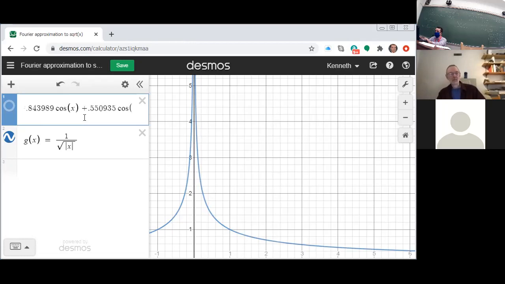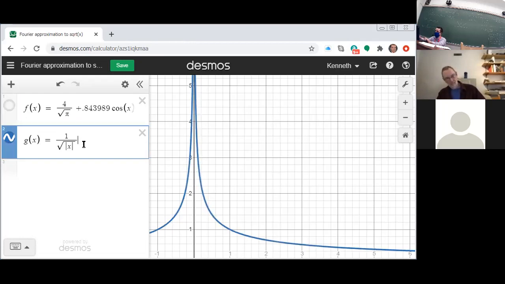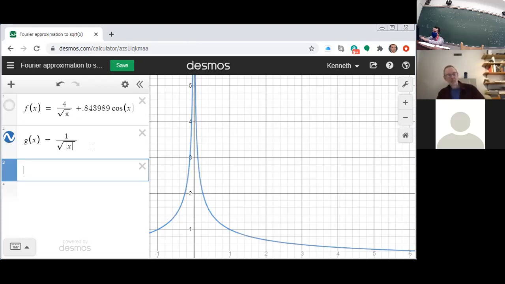And so I computed all these coefficients for you before class. This is an even extension, so it's just a cosine series. So what's like A1?